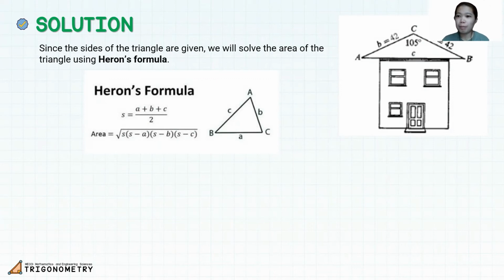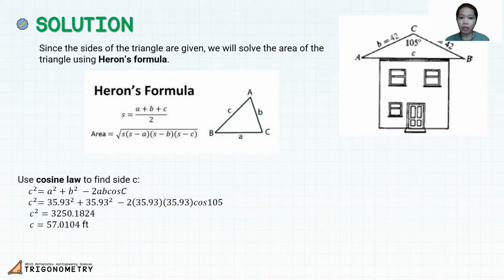As we examine the picture, we observe that there's side A and side B, but no side C. However, there is an angle opposite of side C. So to get side C, we use cosine law.